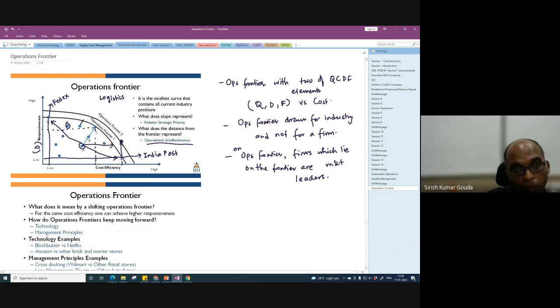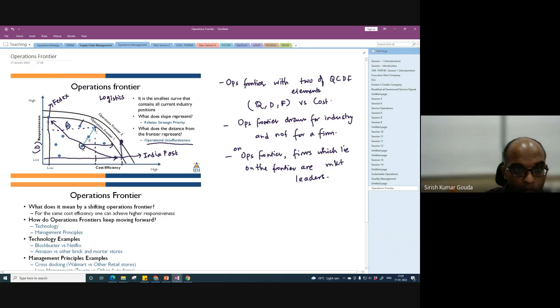Now, it might so happen that the firm could have chosen to remain operating at the same cost efficiency while providing higher responsiveness, or it could have said, no, I would provide the same responsiveness, but I would make these services cheaper for the customers. So then what would it do?